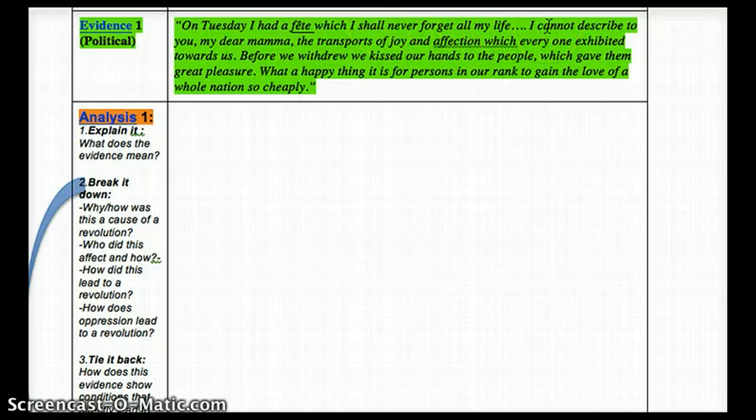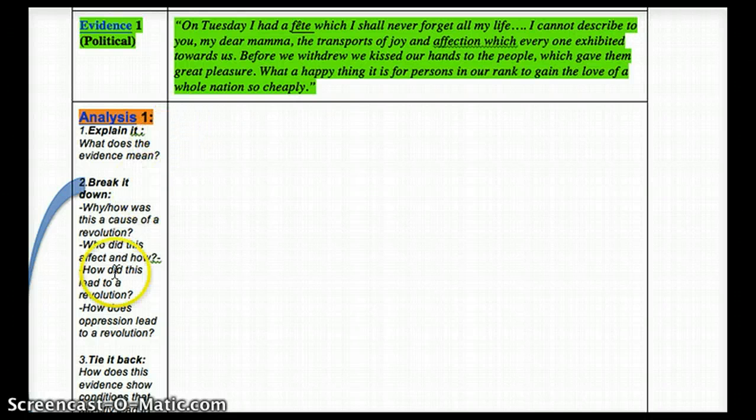I cannot describe to you, my dear mamma, the transports of joy and affection which everyone exhibited towards us. Before we went through, we kissed our hands to the people, which gave them great pleasure. What a happy thing it is for persons in our rank to gain the love of a whole nation so cheaply."